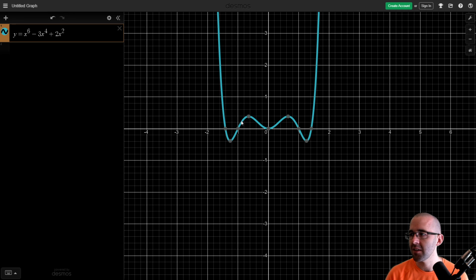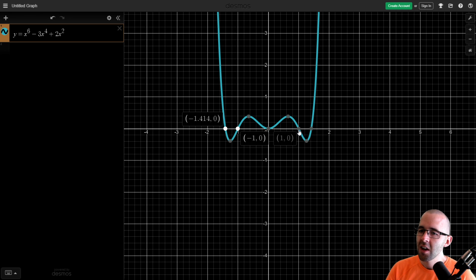We're also going to talk about something new, and I'm going to get a little bit ahead of myself. Notice there's a difference. Notice it crosses the x-axis here, crosses here, crosses here, crosses here. But notice it just lightly kisses it at 0, lightly touches it.